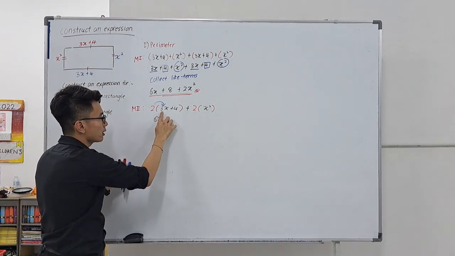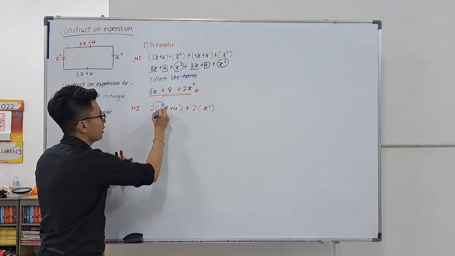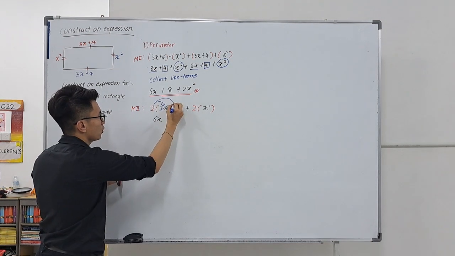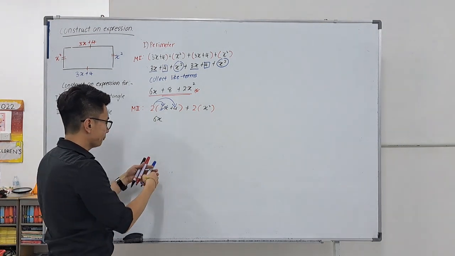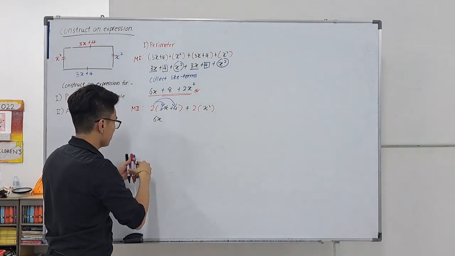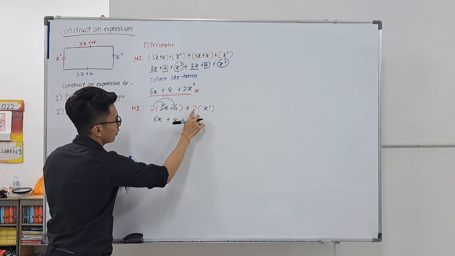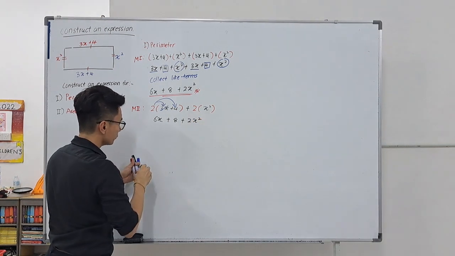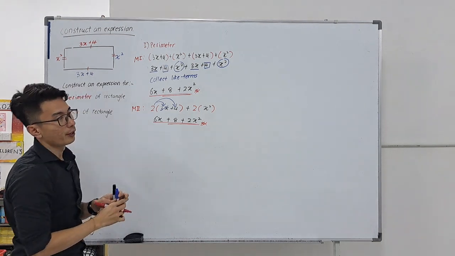After you're done with this, don't forget you have another number here, which you have to multiply by the outside 2 as well. So 2 multiplied by 4 gives you 8, plus 2 multiplied by x squared gives you 2x squared. And you are done as well.